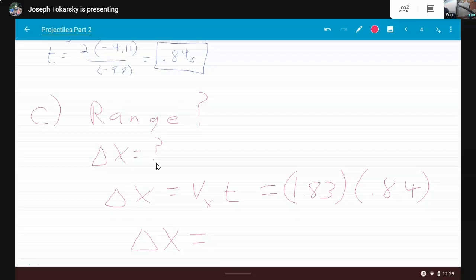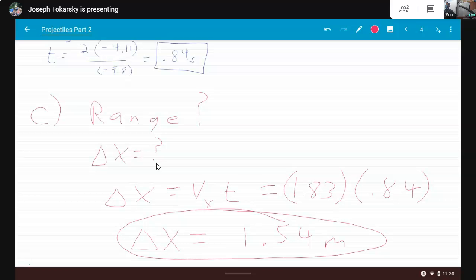So that's about 1.54 meters. That's an easy thing at that point, especially once you have all that stuff. Now, if the problem just said find the range right away, you would need to realize I need to find t even if they don't ask me, right?